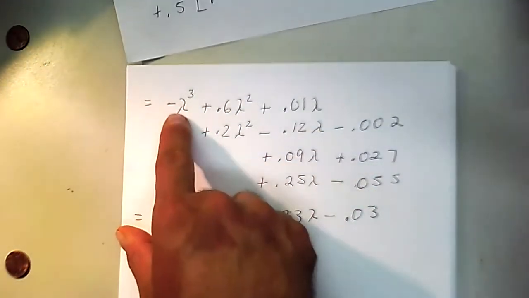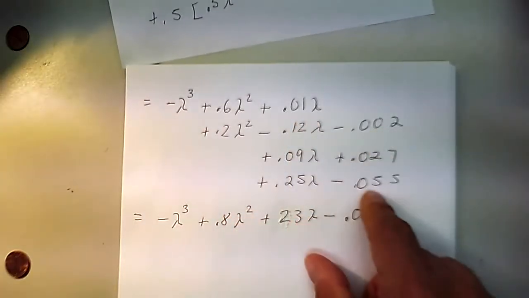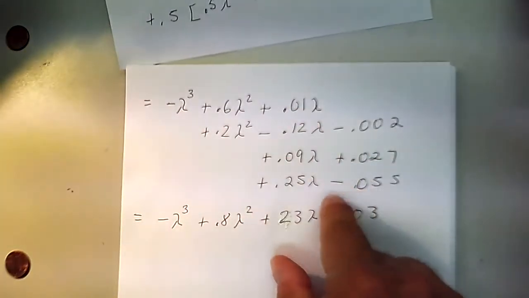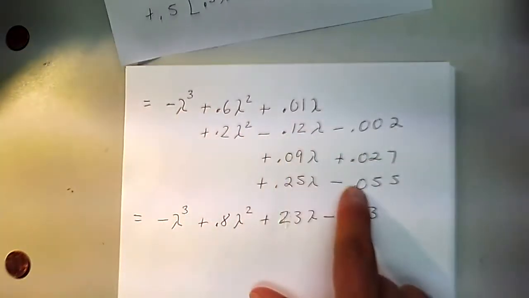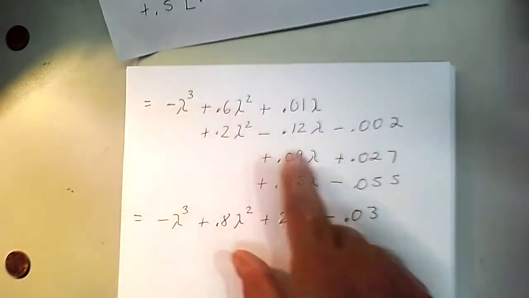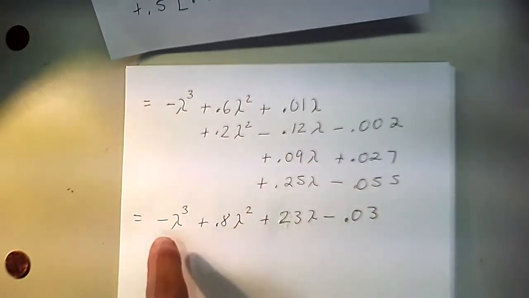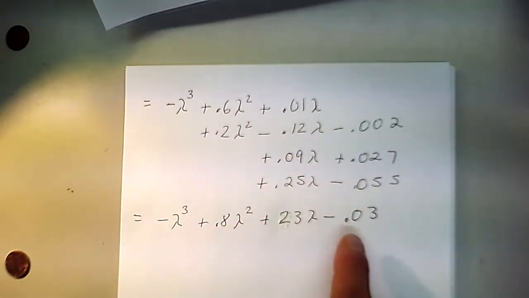I lined them up so the cubes, squares, lambdas, and constants are in the same columns. But this is not a matrix or anything. This is just my way of writing the terms so I can add them together nicely. And here we got what is called the characteristic polynomial of the original matrix.